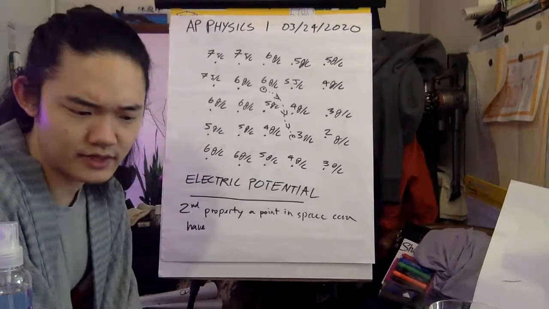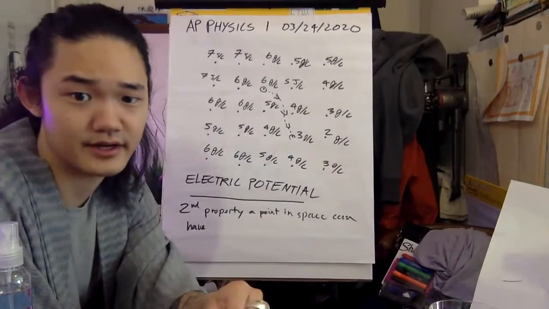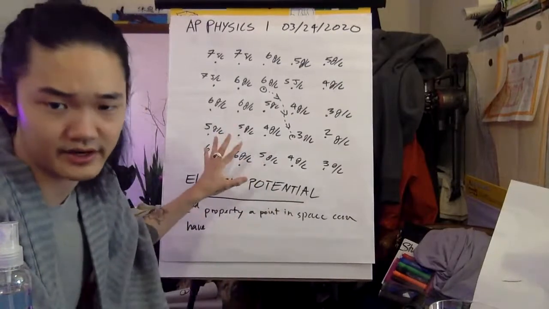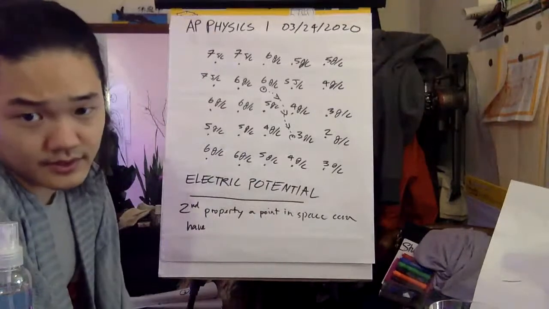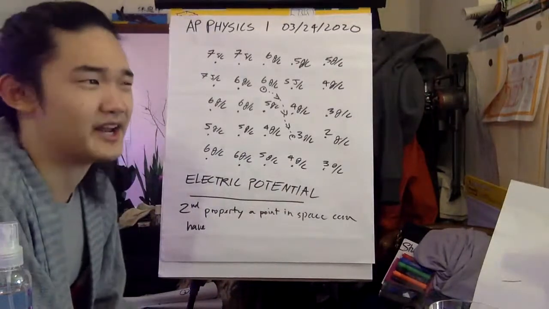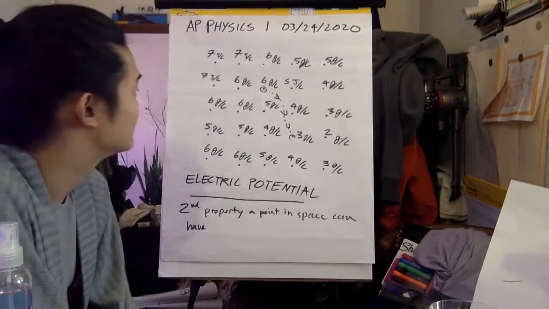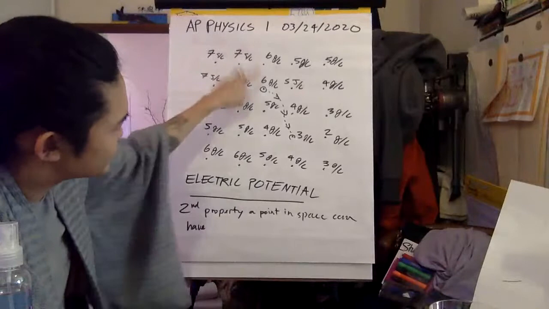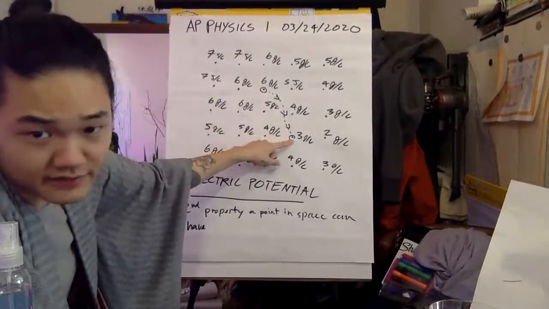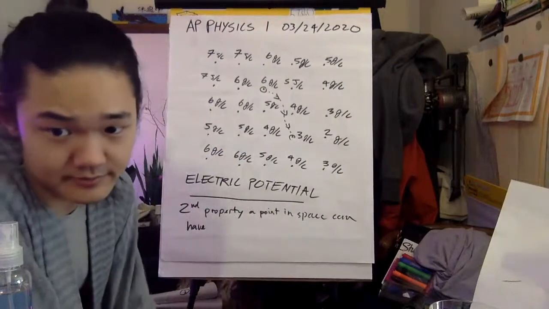I didn't email you this sheet last night because I didn't know what exactly I wanted to cover today or how far we would get. So now that I know, here we go. Here's your first problem, and I think I'll only add a second problem to the practice. So the first problem is, if I'm a proton and I start from rest here, how fast am I at that point, by the time I reach that point? There's your first problem, okay?